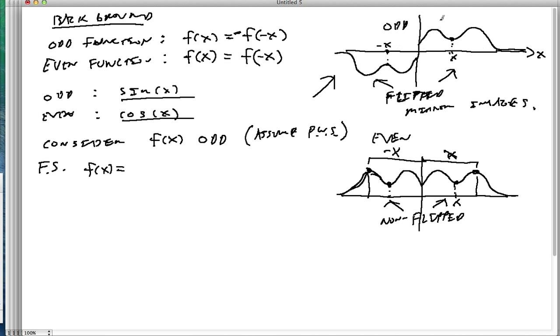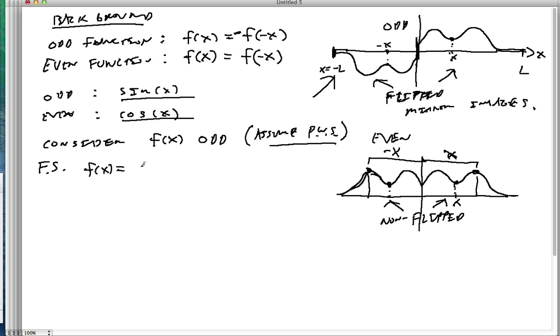For this graph of the function that I've chosen, it's clearly true that it's piecewise smooth. There's one point at x equals 0. We'll say that's x equals L here, and there is x equals negative L here. And we'll assume it's piecewise smooth. There is a single discontinuity, but otherwise it's a smooth function as we've drawn it here. So we can assume it's piecewise smooth.